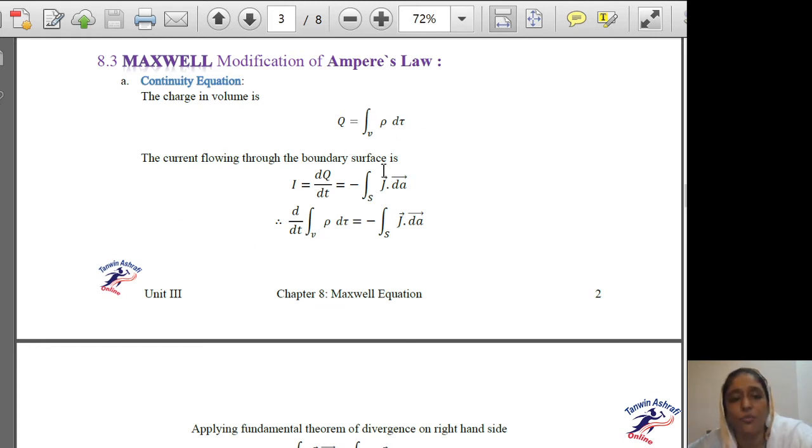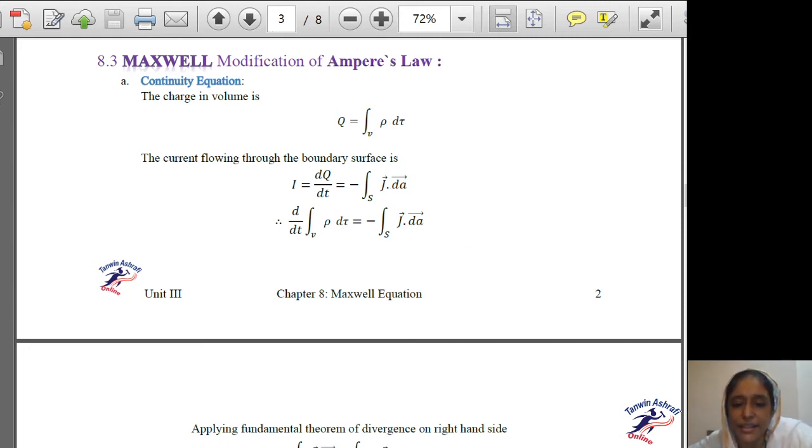The current flowing through the boundary surface is I equals dQ by dt. That means d by dt of the integration over volume of rho d tau is nothing but the integration over the surface of current density J dot dA.